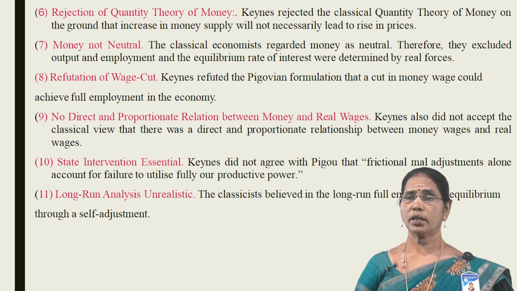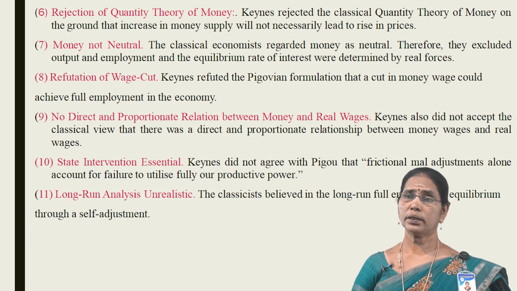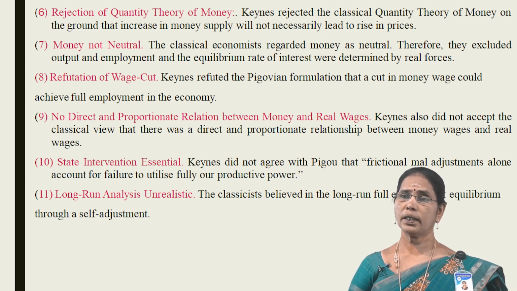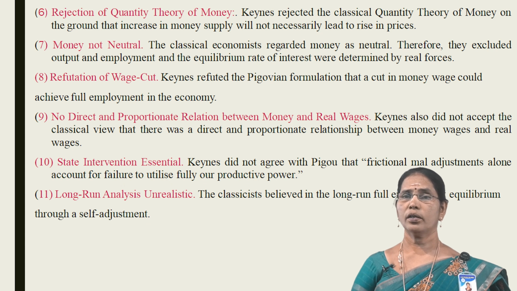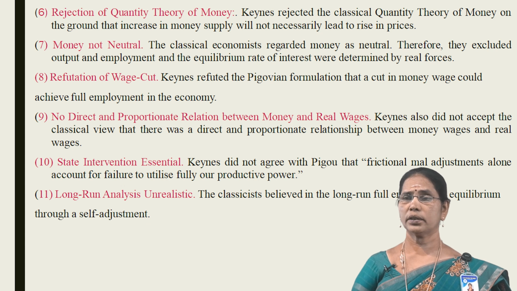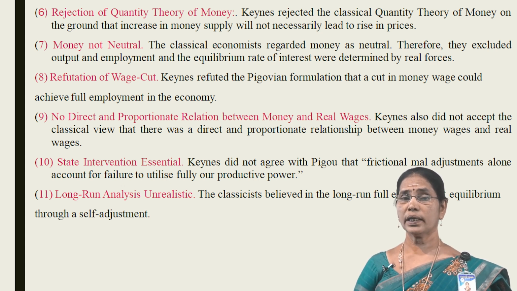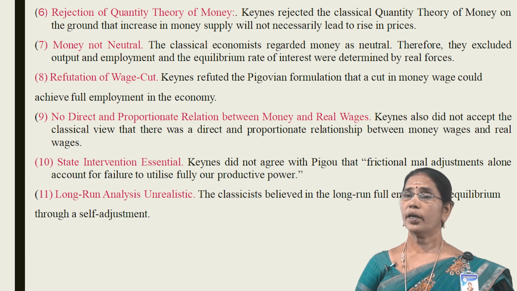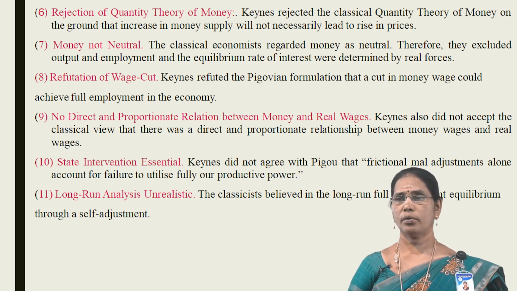Rejection of quantity theory of money. Keynes rejected the classical quantity theory of money on the ground that an increase in money supply will not necessarily lead to a rise in prices. Money not neutral. The classical economists regarded money as neutral.